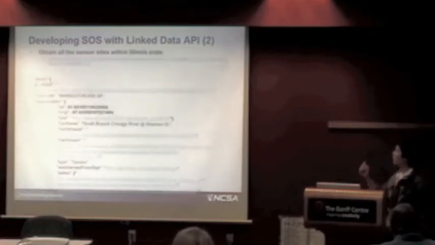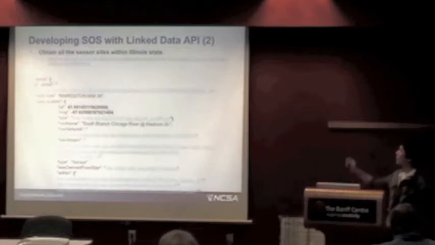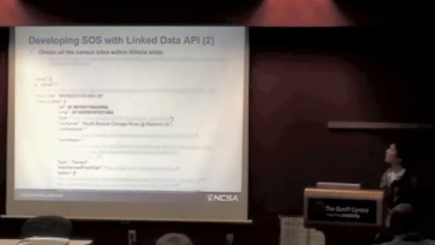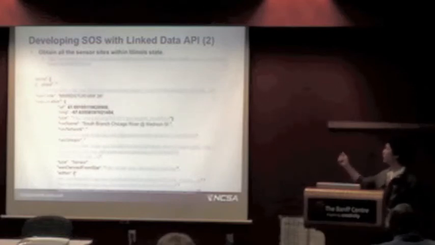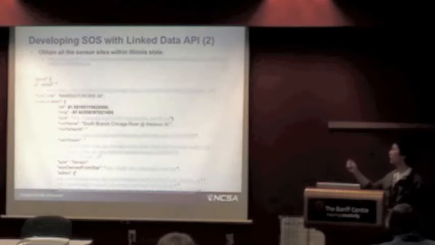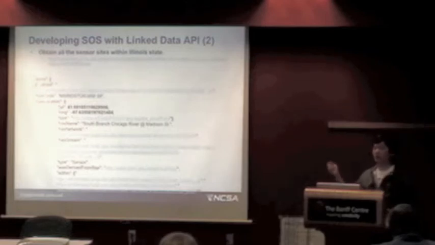Here is the query result. So this query can be accessed from that URL. It returns all the sensor sites in Illinois State. From the result, you can see there are a lot of outgoing links. It has a link to the semantics defined in Web Ontology. It has a link to the sensor network. It has a link to the data stream it generates.